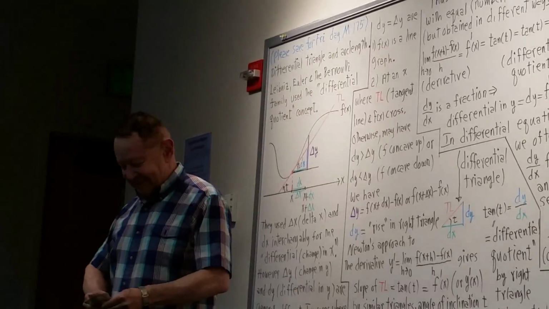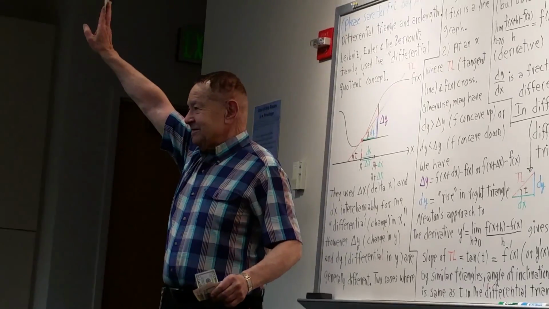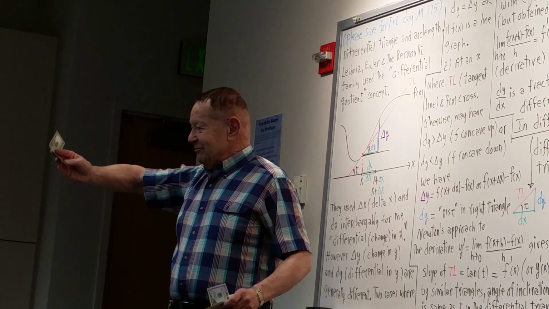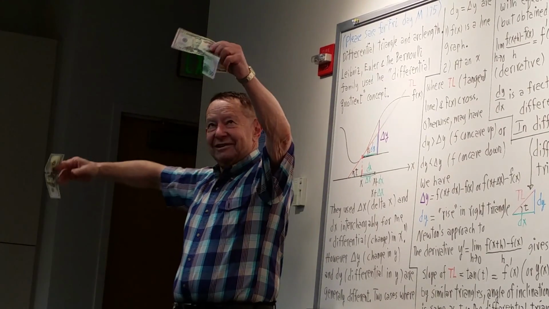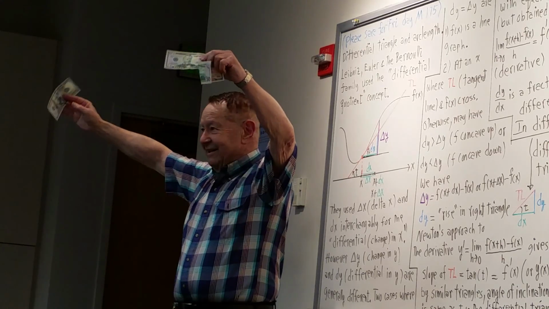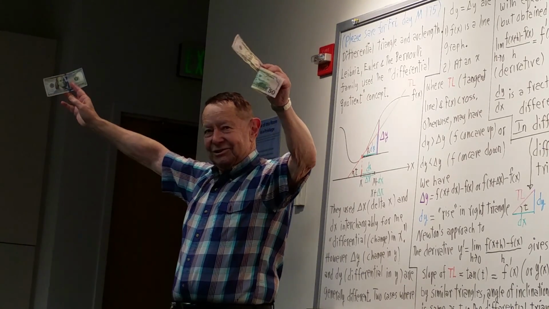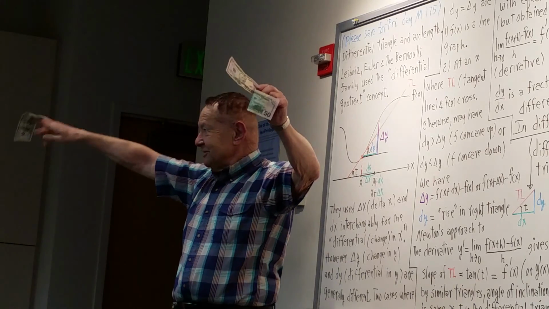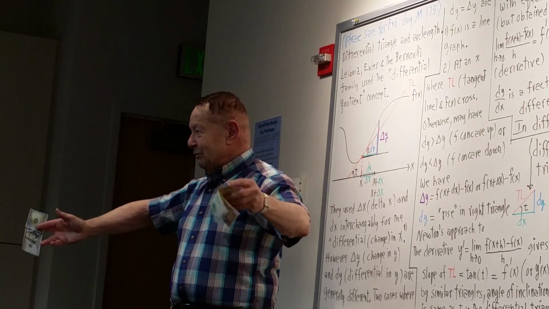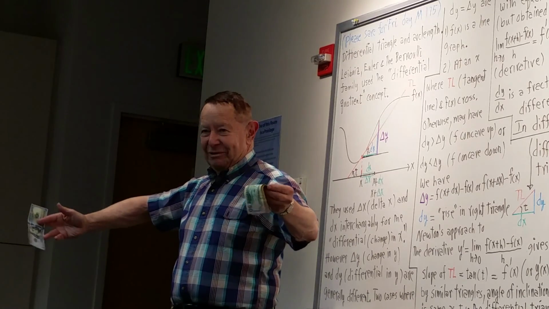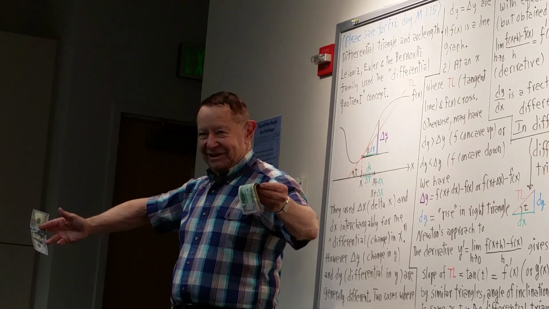So here is a 100, with a picture of Franklin. Here are 50s, pictures of Grant. Now you can all see that logically there's a difference, right? You can tell this from that. But they'll both buy the same 50 gallons of gasoline.